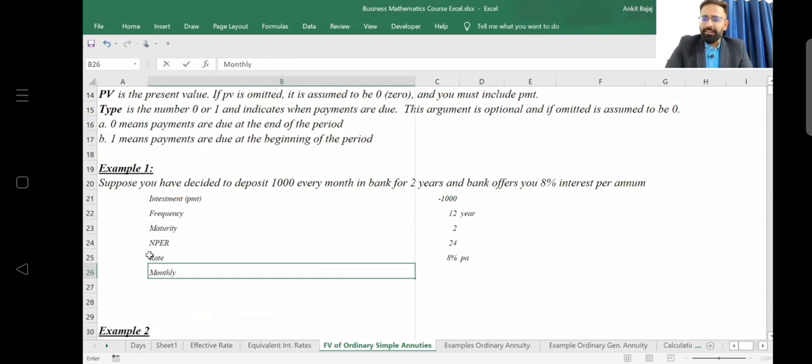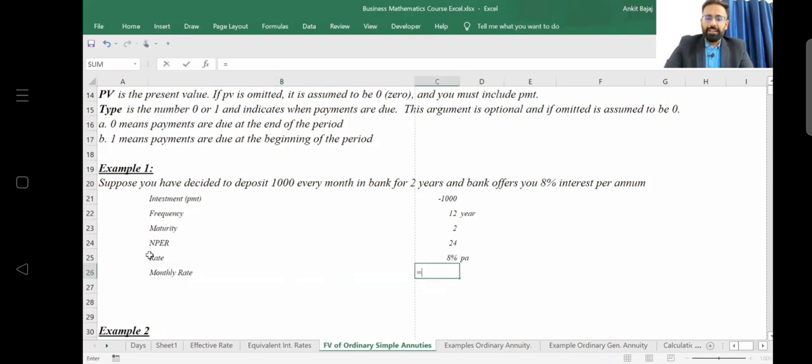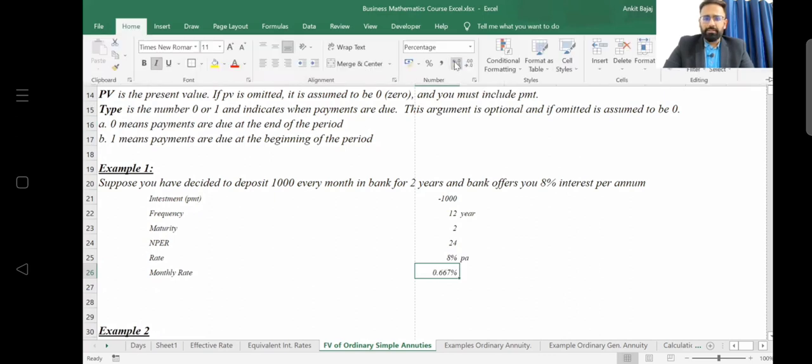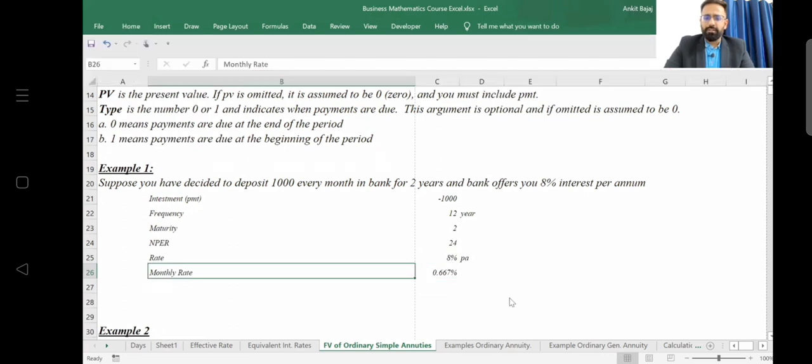Why? Because every month you are making an investment. In the first month, if you are investing 1,000, you will be getting interest. So the monthly rate is simply 8% divided by 12. It is not going to be 1%, if I add decimal places, it is going to be 0.667%.